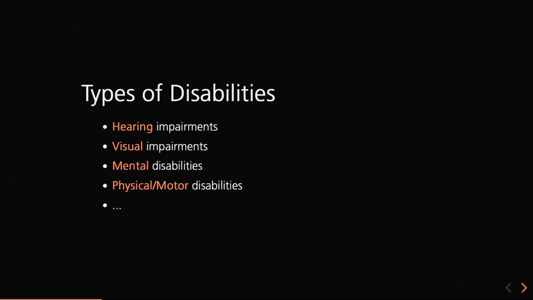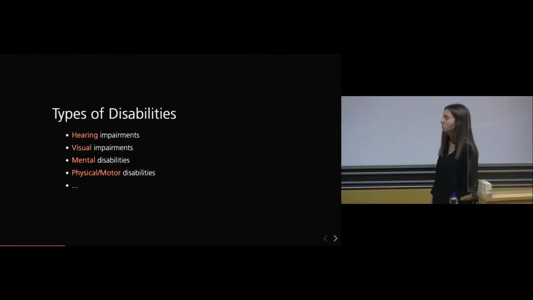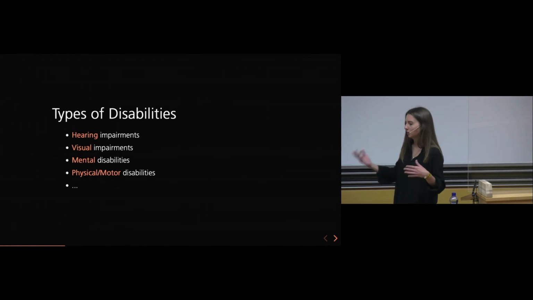And then mental disabilities, which can include epilepsy, for example. So people that really have a problem with animations that are jumping at them in the digital world, and also physical and motor disabilities. So anyone who maybe cannot use the mouse and can just use the keyboard, or the other way around, they may just have a joystick to move around. And obviously many more.